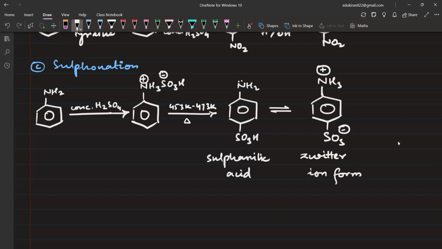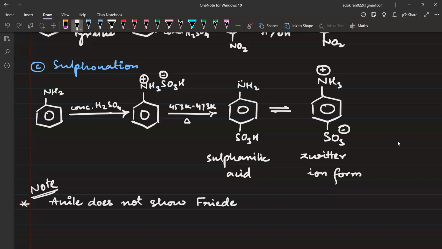After this, you will write the last point regarding electrophilic aromatic substitution. A note not inside sulfonation, a general note regarding electrophilic aromatic substitution of aniline: aniline does not show Friedel-Crafts reactions.